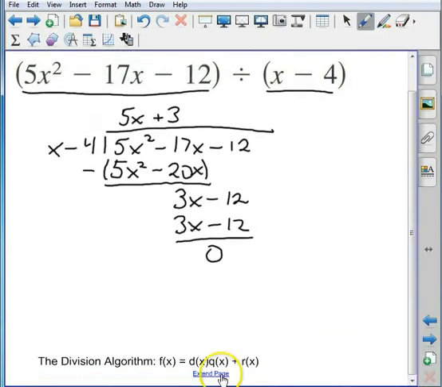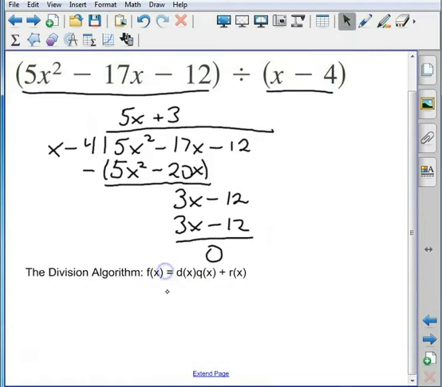Okay, so this brings up what we call the division algorithm. And what does it say? It says that a polynomial is equal to the divisor times the quotient plus the remainder.